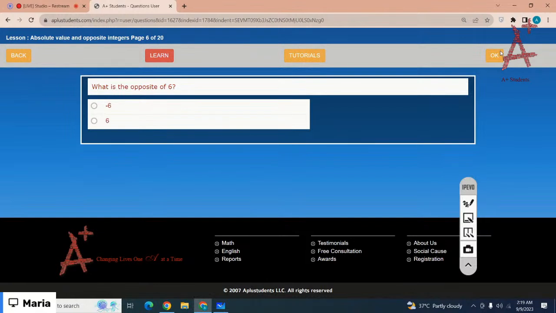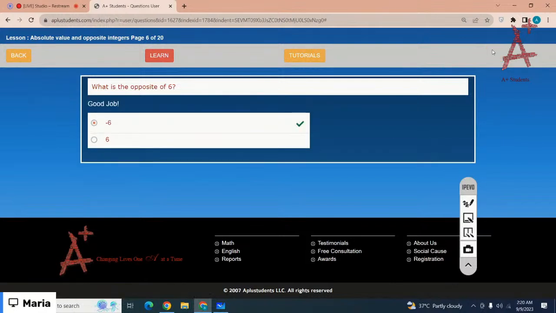So which is the correct option? Yes, the opposite of 6 is, very good, that would be negative 6. So the correct option is negative 6.